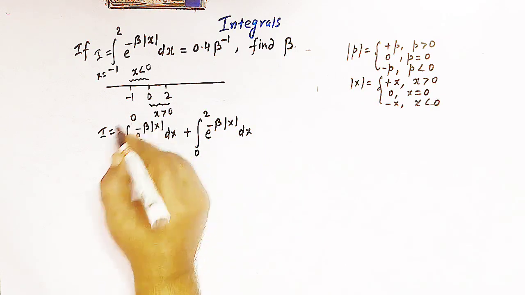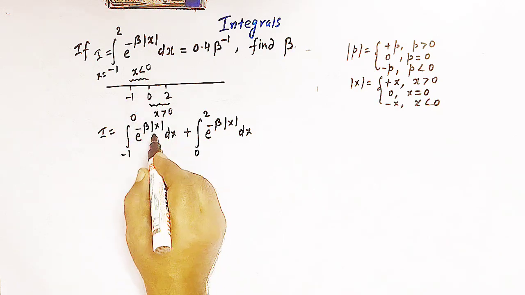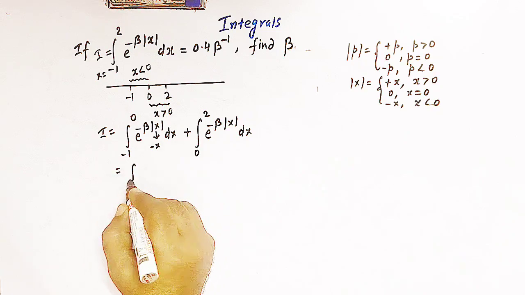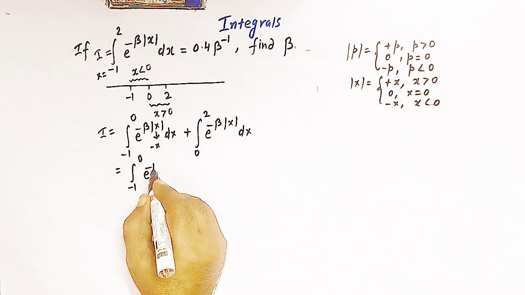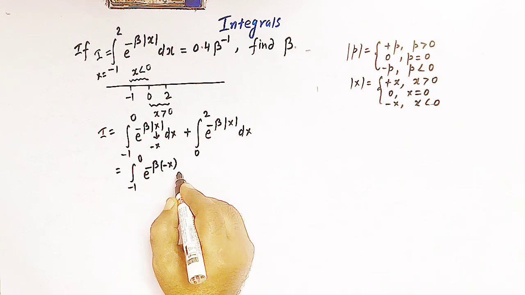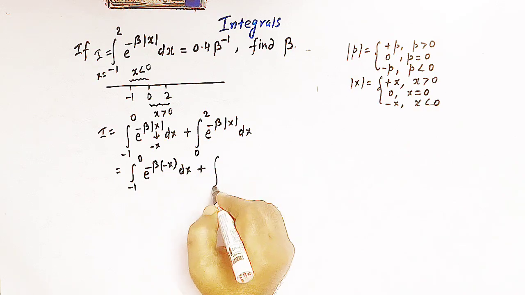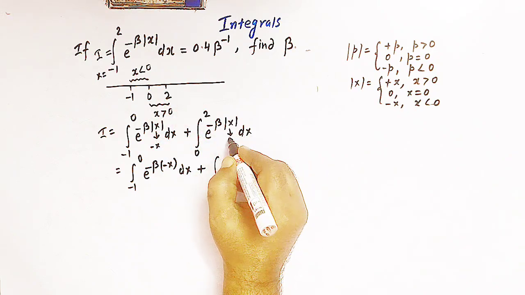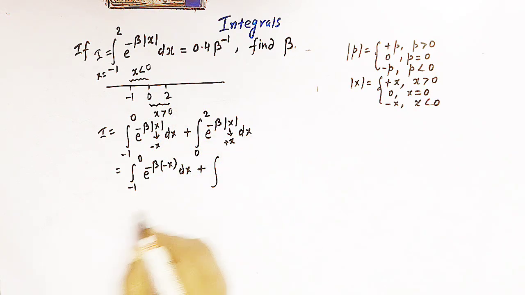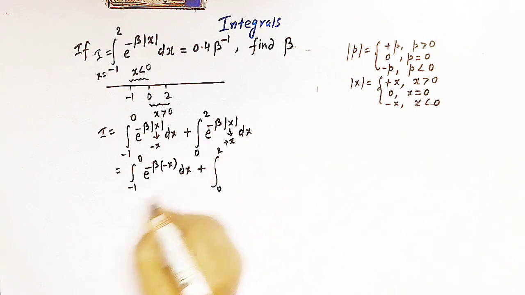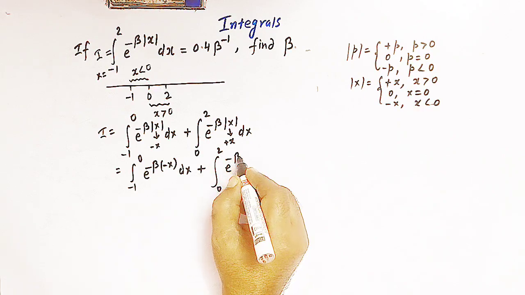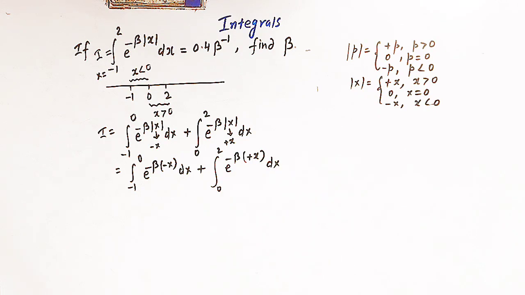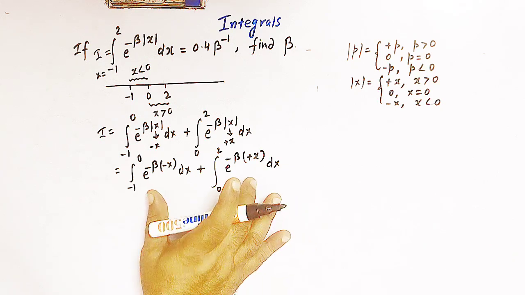When we go from minus 1 to 0, x is less than 0, so mod of x is negative x, and we have e raised to minus beta times minus x dx. When we go from 0 to 2, mod of x is positive x, so we have e raised to minus beta times x dx. So now let us simplify.